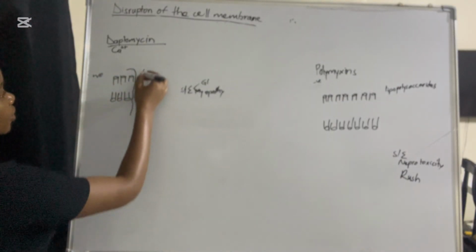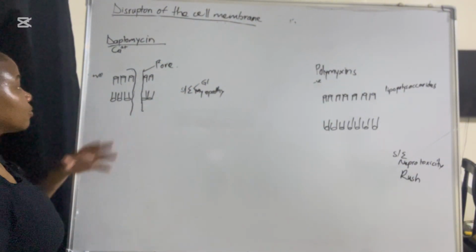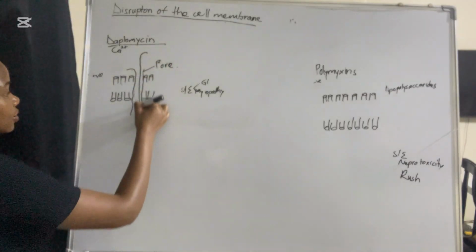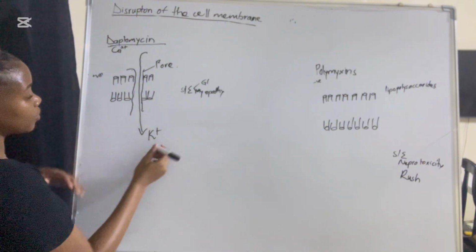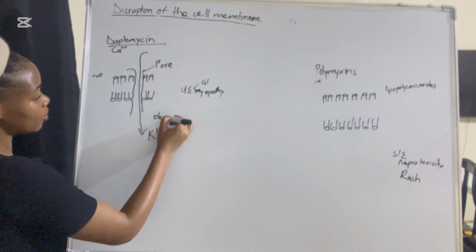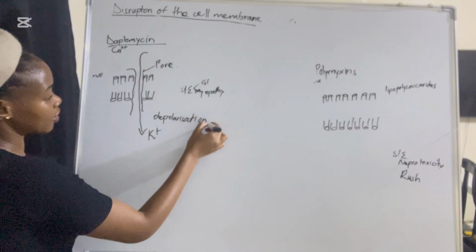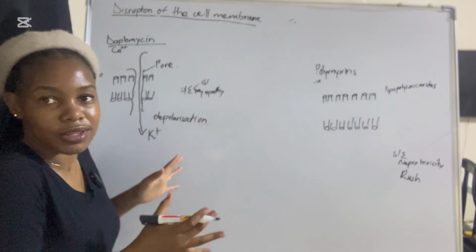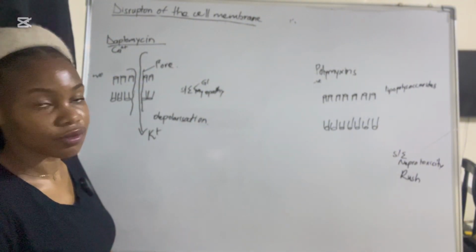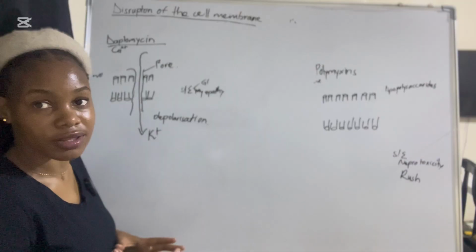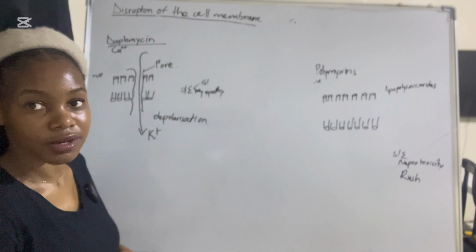After creating a pore, there's going to be efflux of potassium ions from the inner membrane, leading to depolarization, and increased depolarization within the inner cell membrane is going to cause disruption of the inner contents, leading to cell membrane disruption.